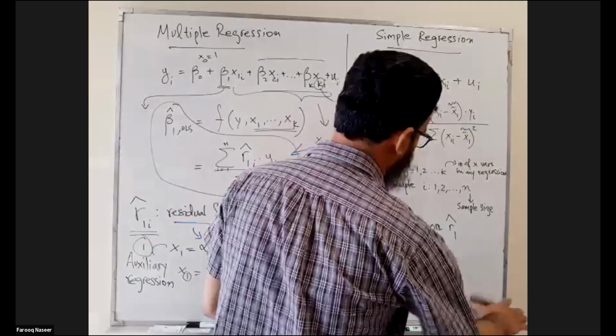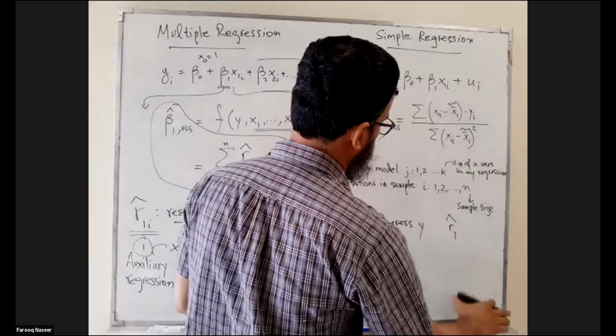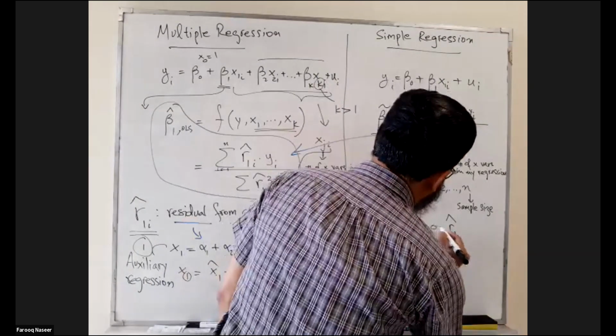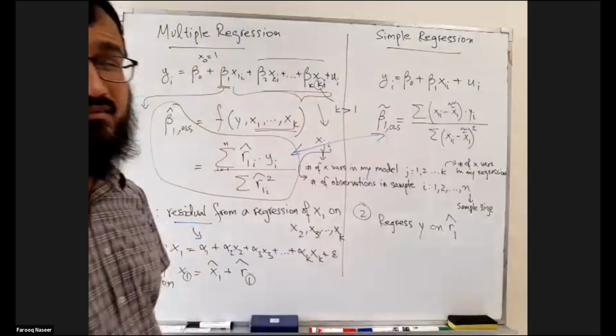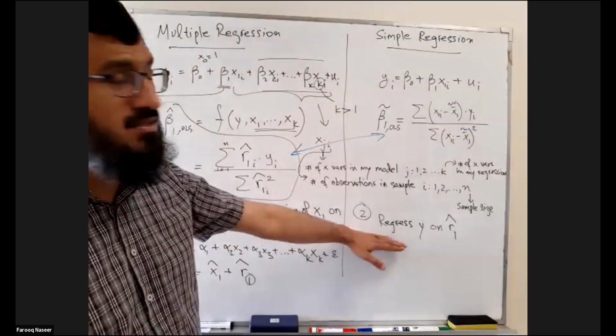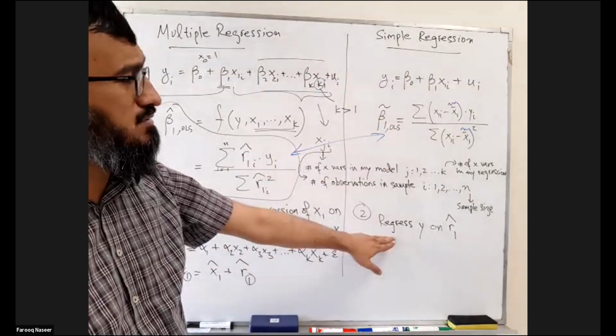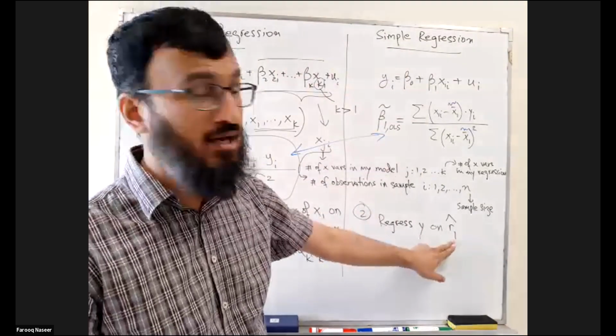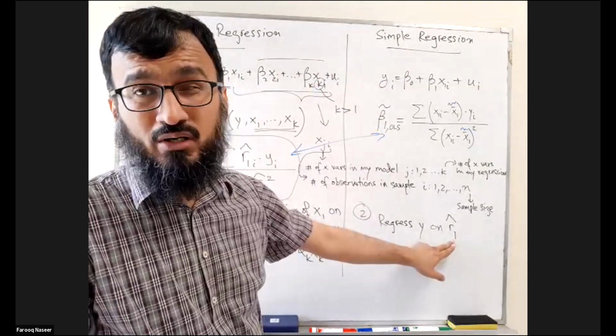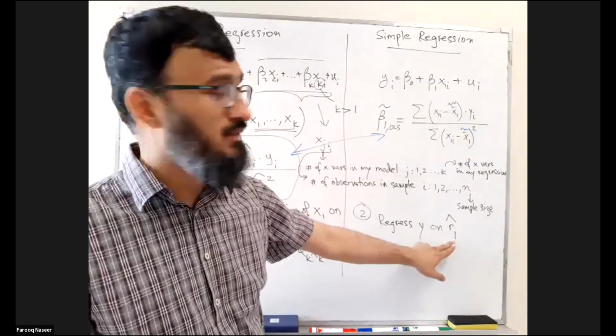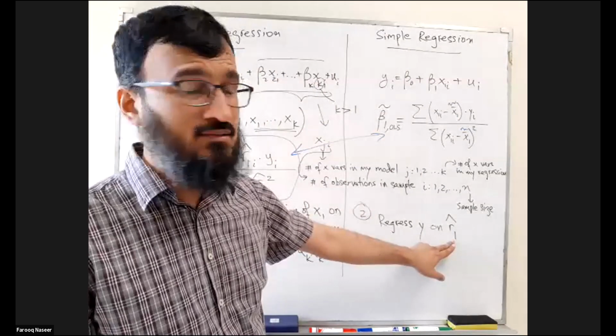Okay. So the second step is a simple regression. I've written it underneath the column of simple regression. When I regress y on R1 hat, I only have one variable in my model, the residual R1 hat.